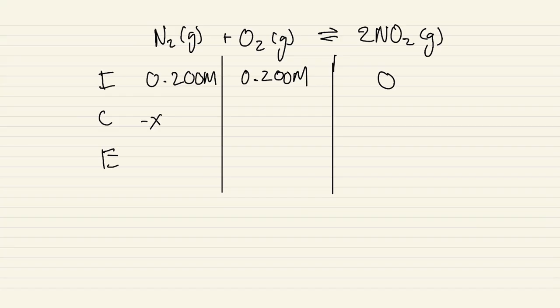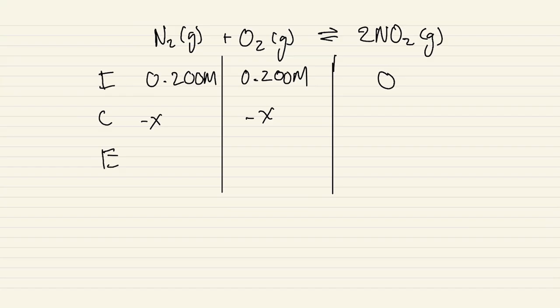And what about for O2? It should be minus X as well. And how can we know it's not minus 2X or minus 3X? Yep, the coefficients are both 1, which means that for every mole of reaction that happens, for every one N2 molecule I use, 1 oxygen molecule is used, right?